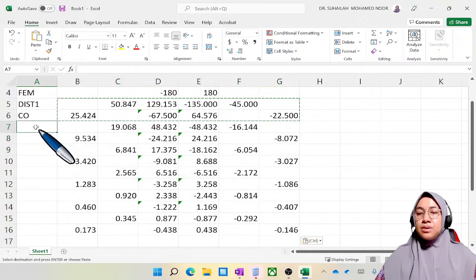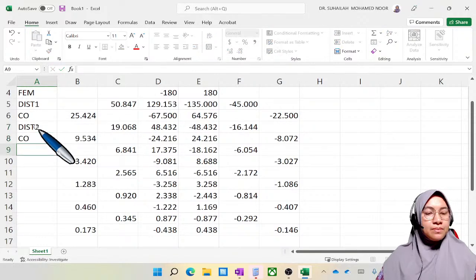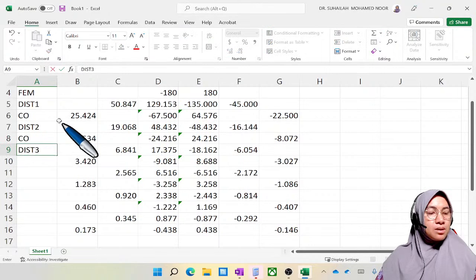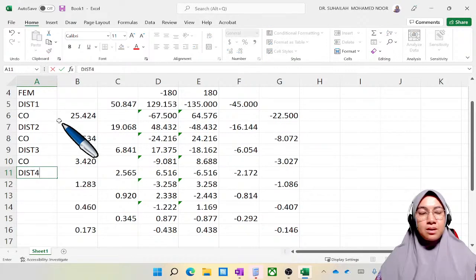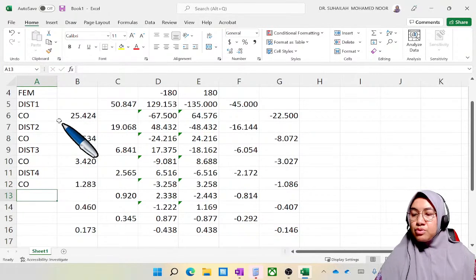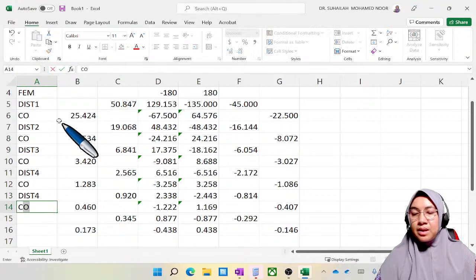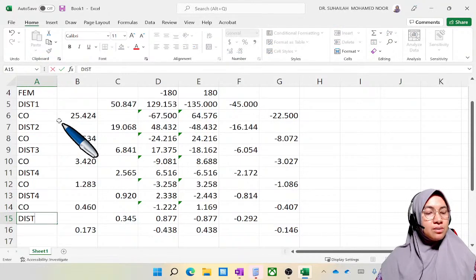So this is distribution number 2. Carry over. Distribution number 3. Carry over. Distribution number 4. Carry over. Distribution number 5.